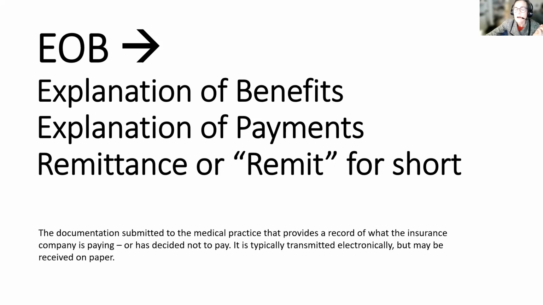It is commonly transmitted electronically, but may still be received on paper. The ones we're going to go over today are actually often screenshots of those that were received electronically, but I'm displaying them to you on paper.